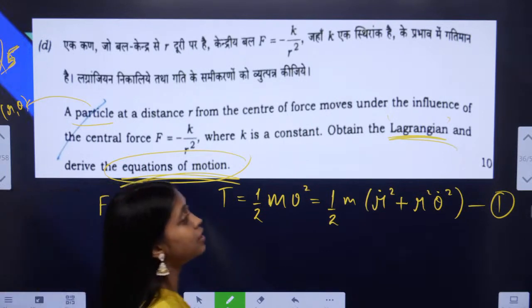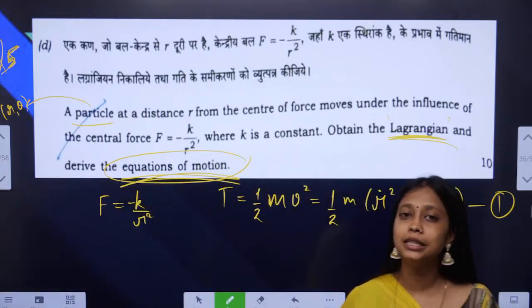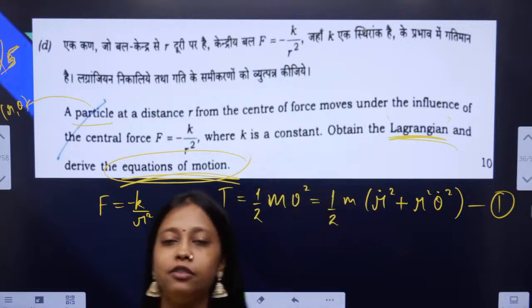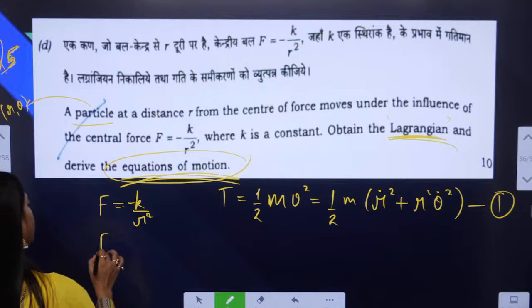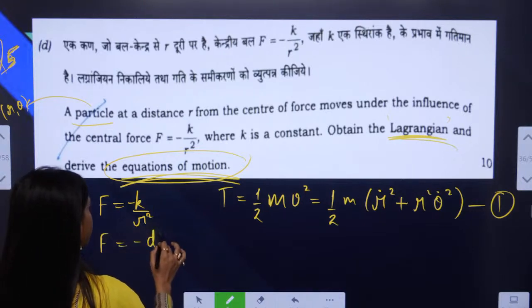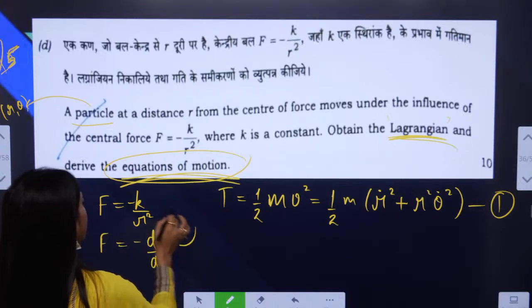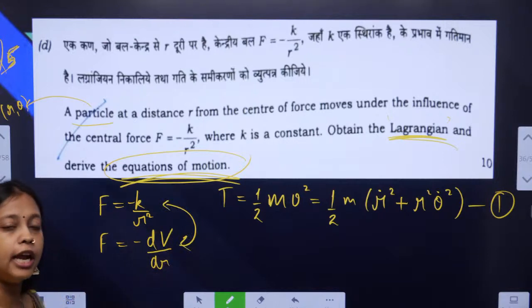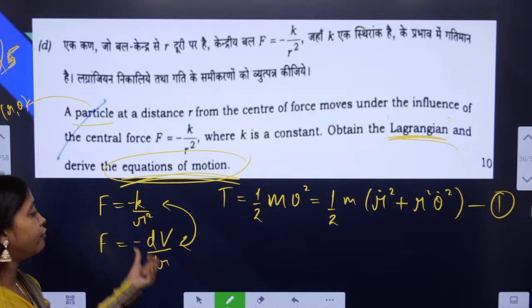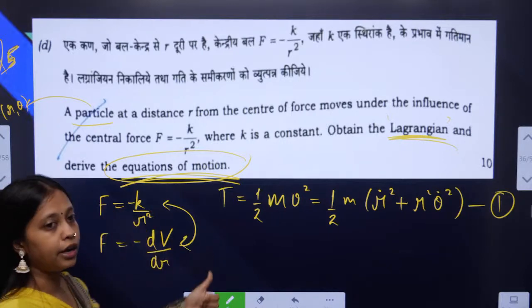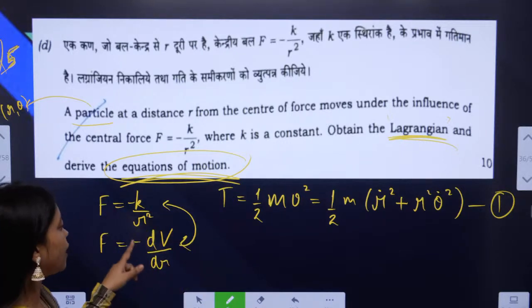We can use another expression for the force. Force in terms of the potential energy is minus dV by dr, where V is the potential energy. So I can use that, minus dV upon dr. Equate these two, differentiate, find the value of capital V. So you have to not differentiate, sorry, integrate. You have to integrate with respect to r.